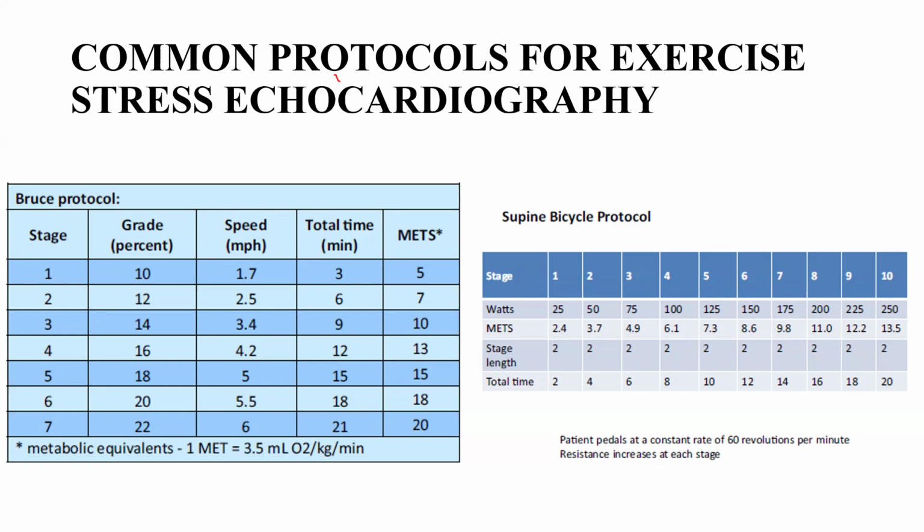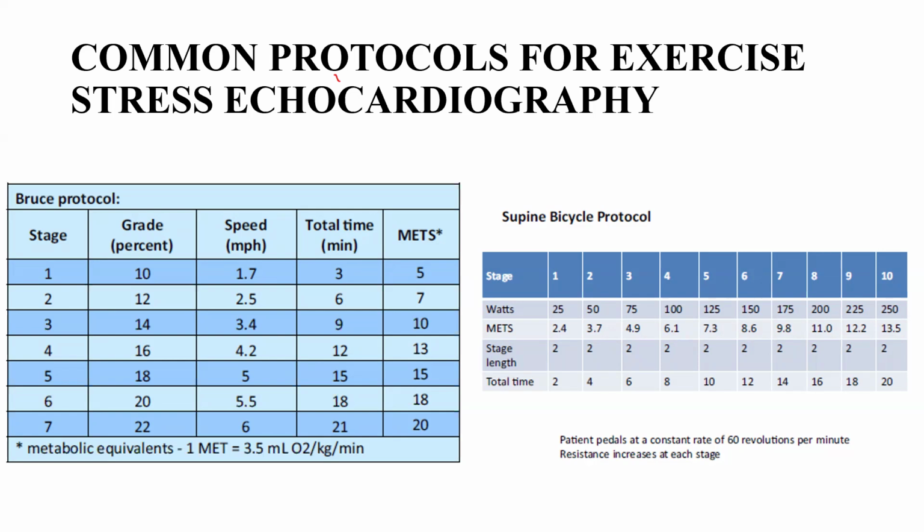But let's know that there's the Bruce protocol, and also the supine bicycle protocol of the bicycle stress test, where, in terms of the energy demand, you start from 25 watts all the way up.